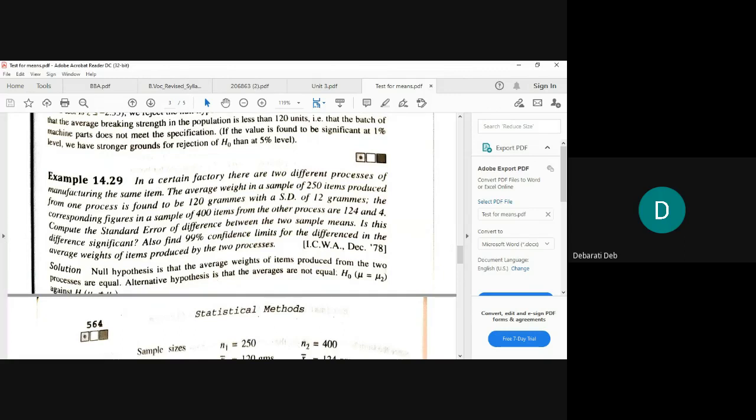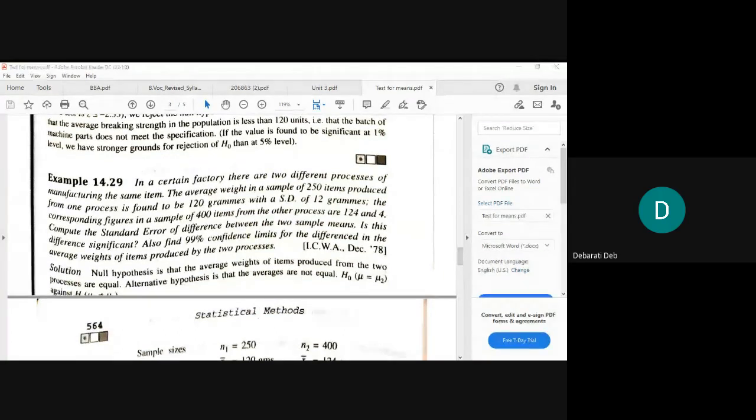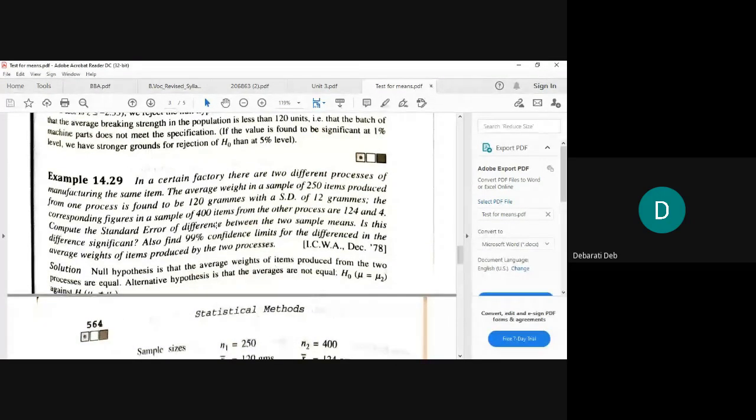So the first line says in a certain factory there are two processes. And then it says the average weight in a sample of 250 items produced from one process is found to be 120 grams.